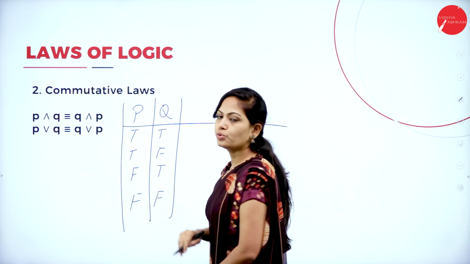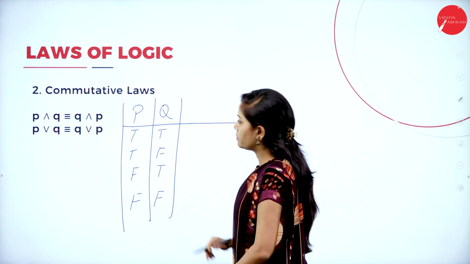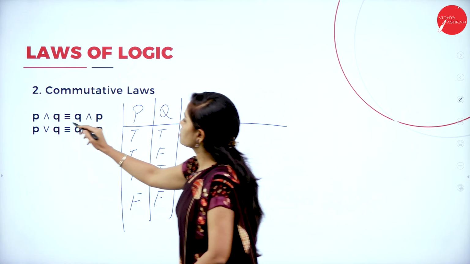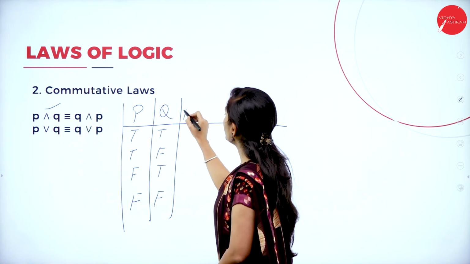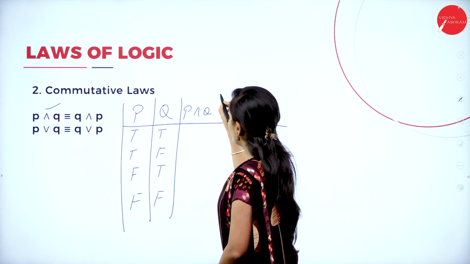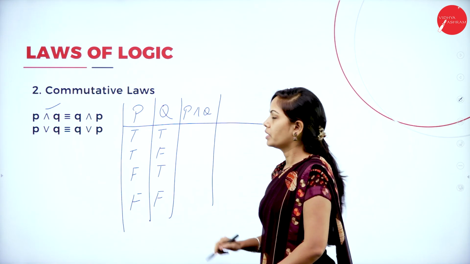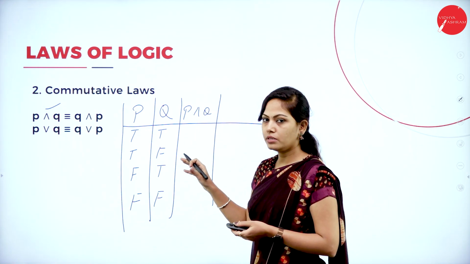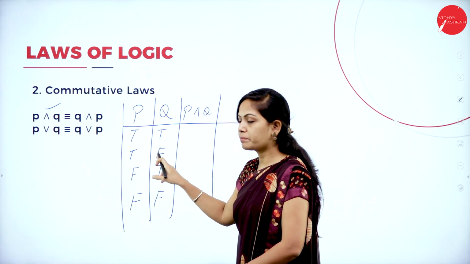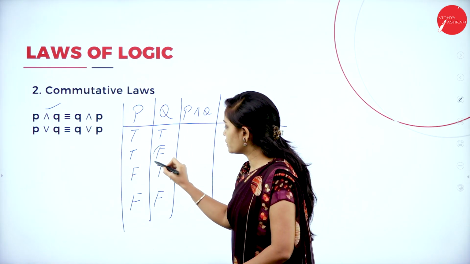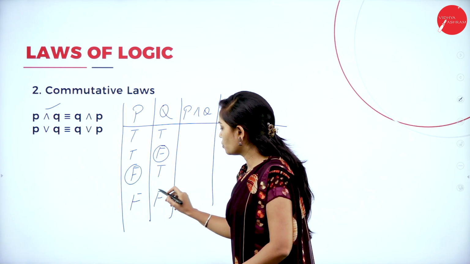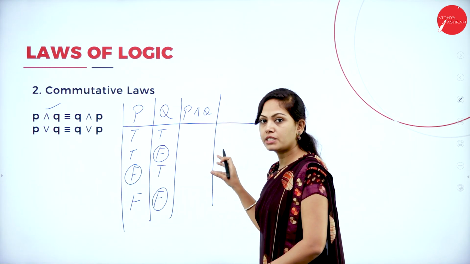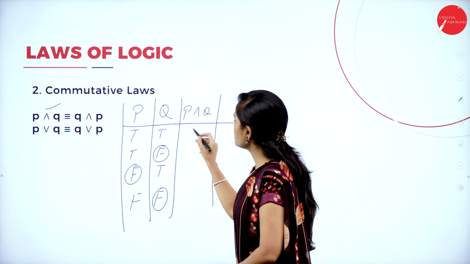We have 4 possibilities here. So first LHS is P and Q. I'm using AND operation. So in AND operation, if any one of the statements is false, the final statement is also false. So true, true means it is true.